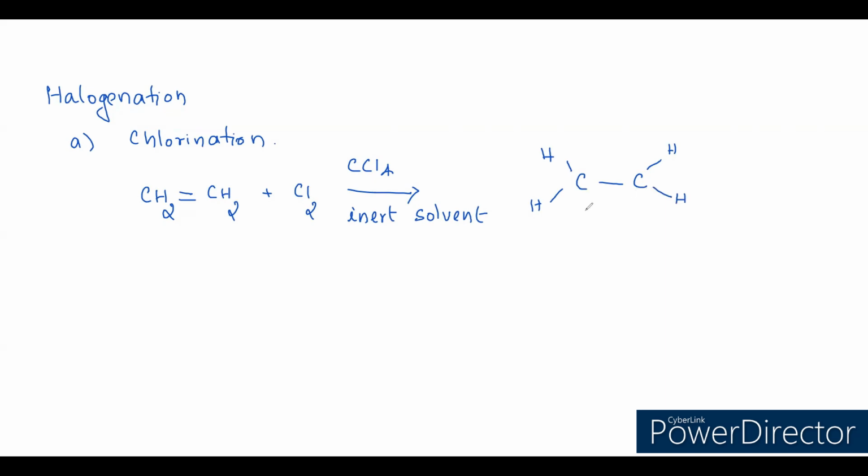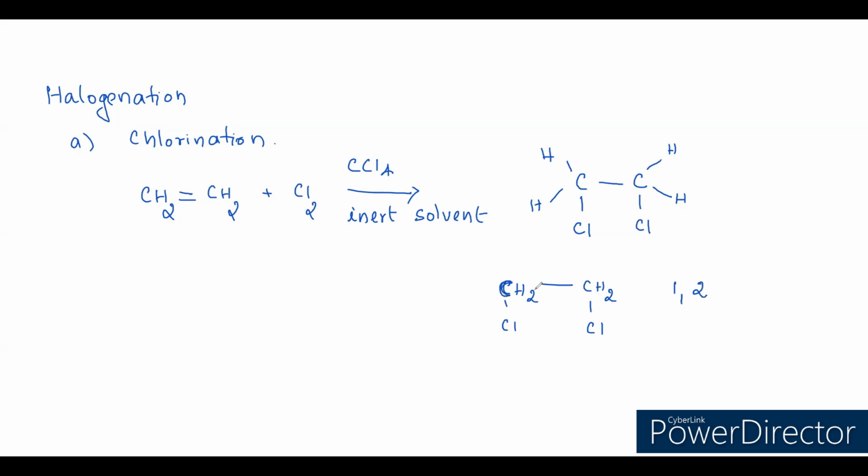Without disturbing them, you are adding one chlorine to the first carbon, one chlorine to the second carbon. Therefore, you get CH2Cl single bond CH2Cl.